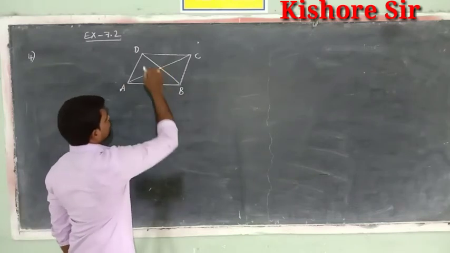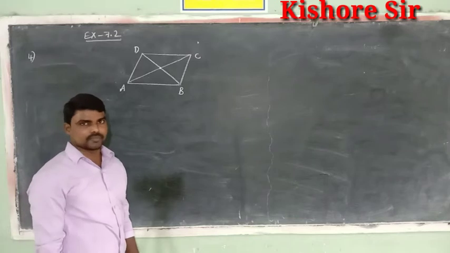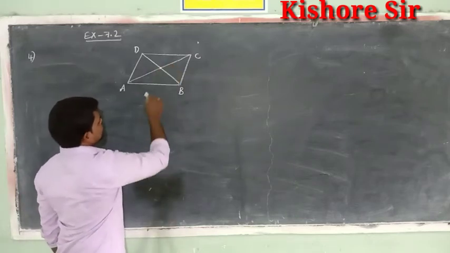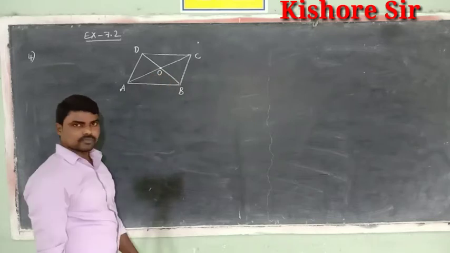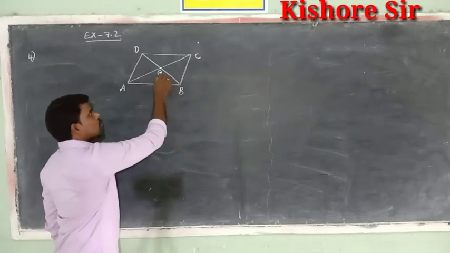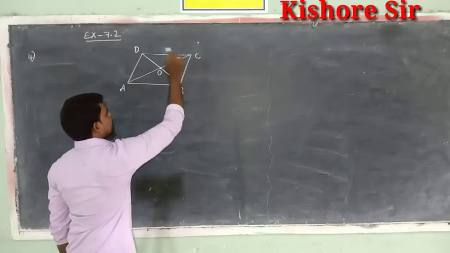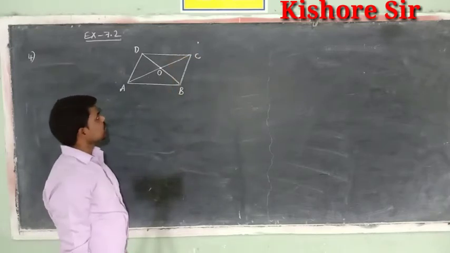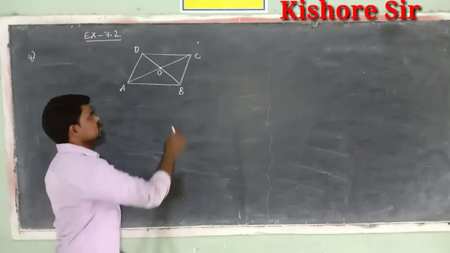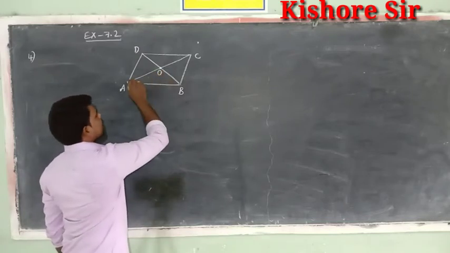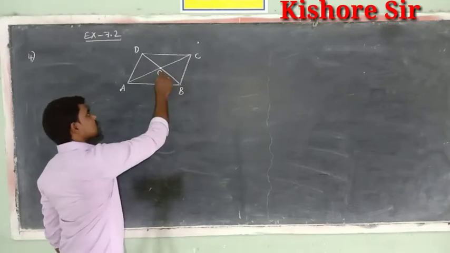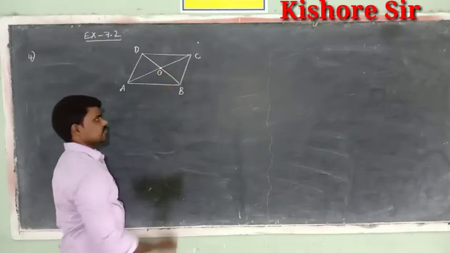See here, this is the intersecting point, so two diagonals are intersecting here. Take this point as O. So O is the midpoint of AC, and it divides into two equal parts. O is also the midpoint of BD.